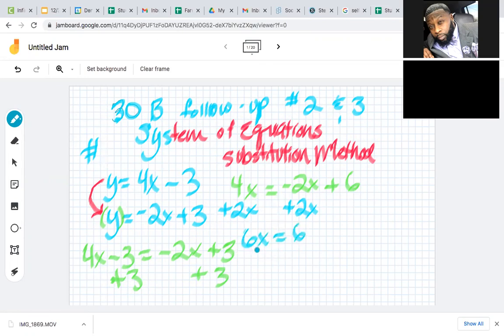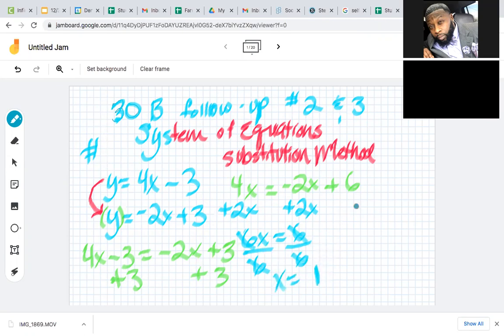So that means, what is 6 doing to x? X would just equal 1. Right, because the inverse operation of multiplication. Oh, I'm sorry, I didn't mean to cancel on that side. You're right, it's 1. X equals 1.